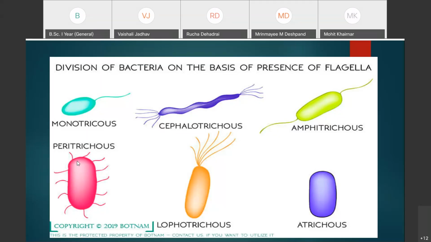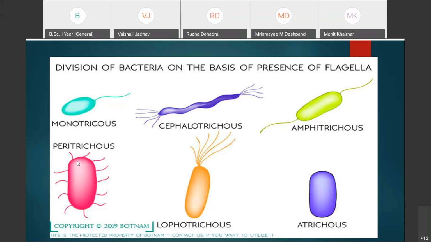That is about the flagella. Depending upon the flagella, there are two types of bacteria: trichous bacteria and atrichous bacteria. Trichous bacteria are also divided into two groups depending upon the number, position and arrangement of the flagella.